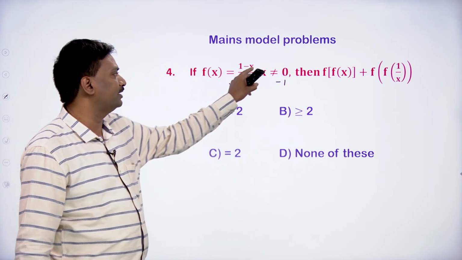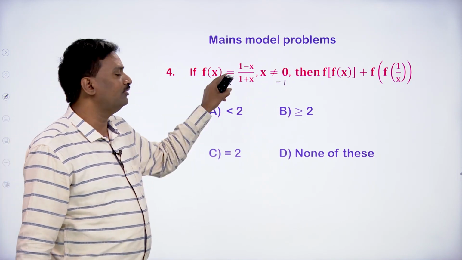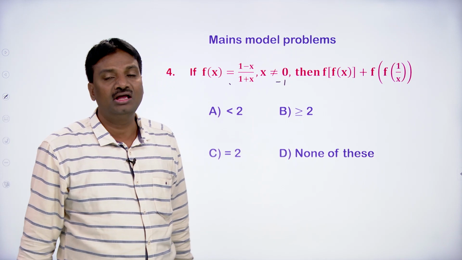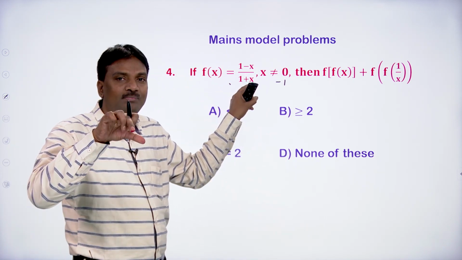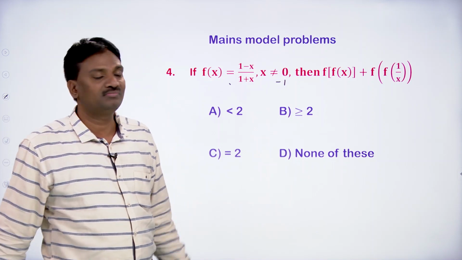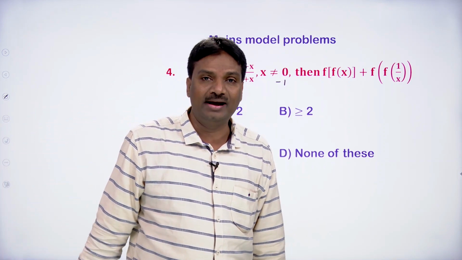So we must take x not equal to minus 1. If we take x equal to minus 1, the function f of x is not defined, so you may take any real number in place of x other than minus 1.